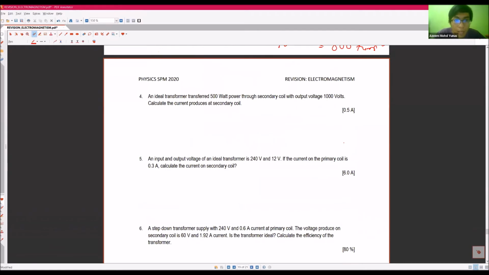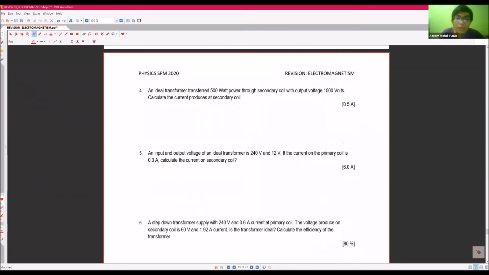Number 4, an ideal transformer transfers 500 watt power through the secondary coil with output voltage 1000 volts. So this is the secondary Vs. Calculate the current produced at the secondary coil. Again, this is ideal, so 100% efficiency.